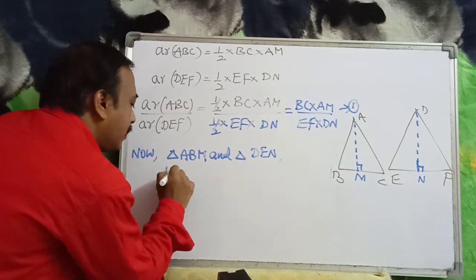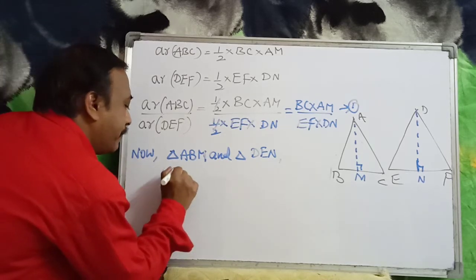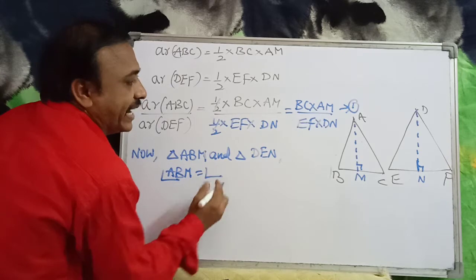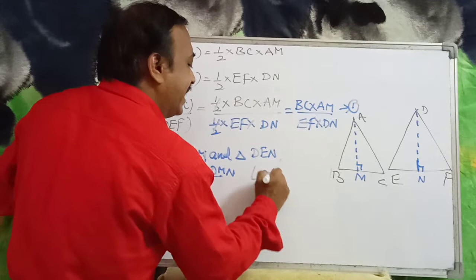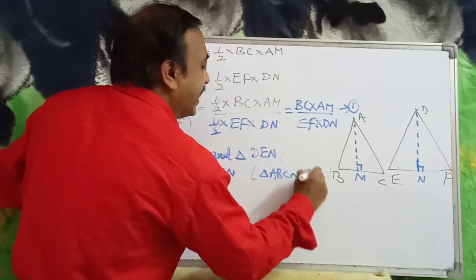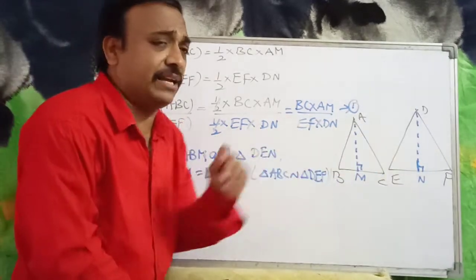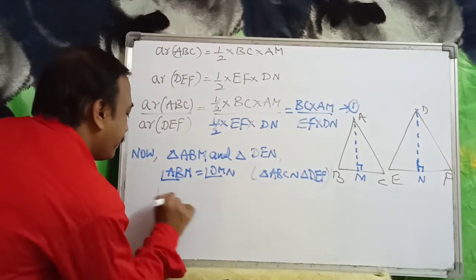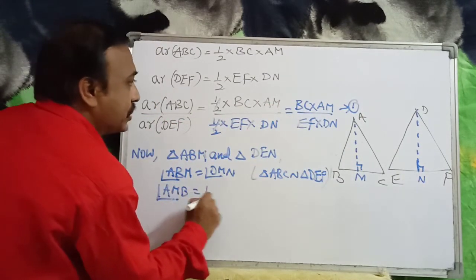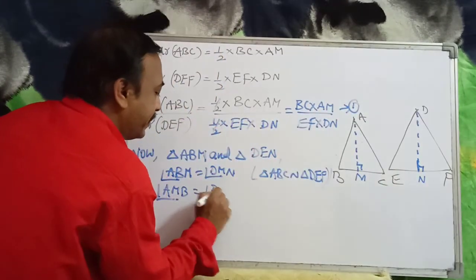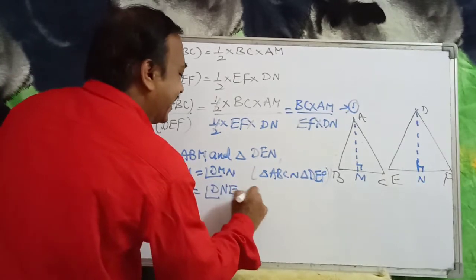Angle B is equal to, or in full if you want to write, angle ABM is equal to angle DEN. These two are equal because triangle ABC is similar to triangle DEF, and corresponding angles are equal. Next, angle AMB is equal to angle DNE, which is 90 degrees.